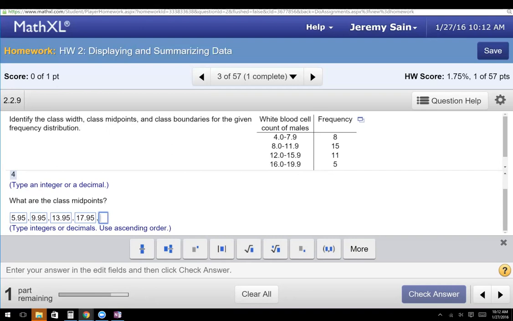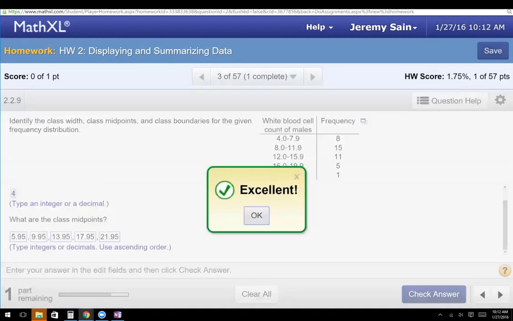Is it 0.45 or 0.95? I think it is 0.95, because 4 plus 7.9 is 11.9. I don't trust my middle math very much, so feel free to ask.